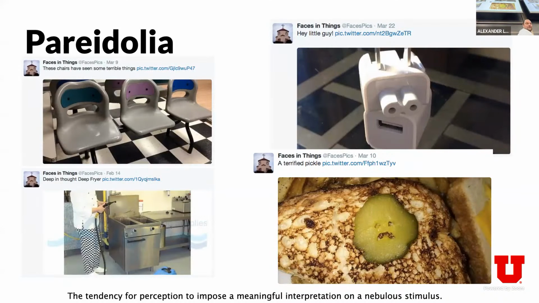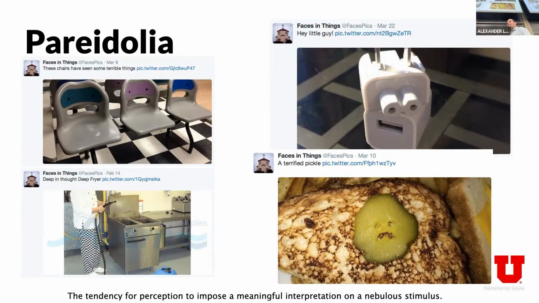And there's also this phenomenon that's called pareidolia, and that is the phenomenon of us interpreting something when there's nothing, right? We tend to see faces. This is the toast of Jesus, right? That you've probably seen before, or here the sad cucumber, or the sad airport lounge chairs.